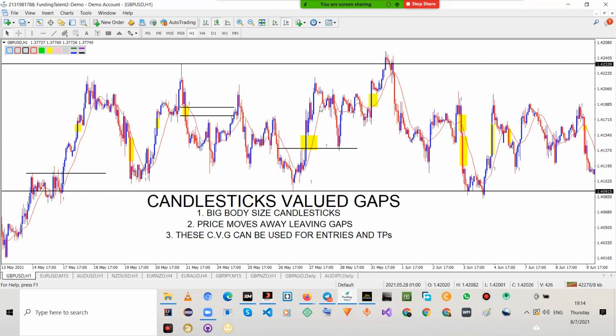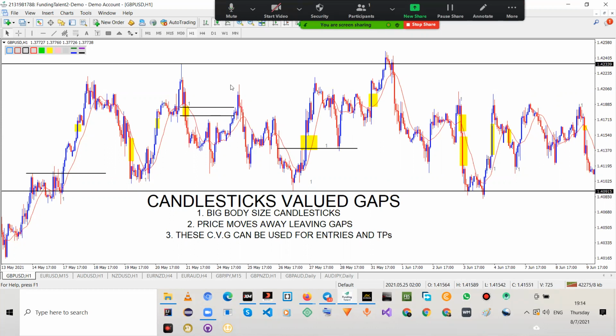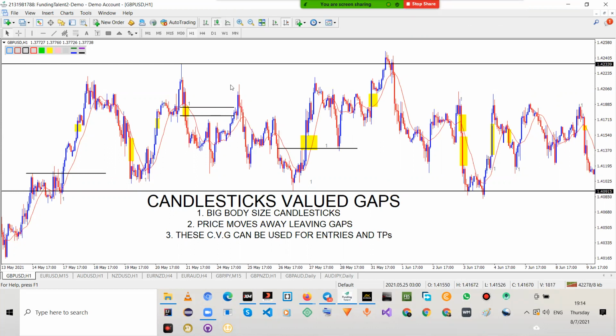So today's topic is candlestick valued gaps. Candlestick valued gaps are gaps that are formed on big body size candlesticks, and they're formed when price moves away, leaving gaps. And these candlestick valued gaps can be used for entries and TPs.